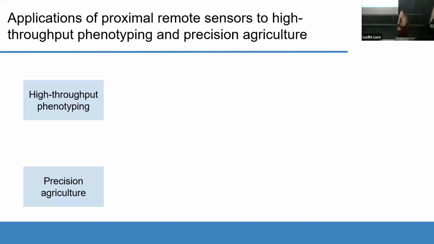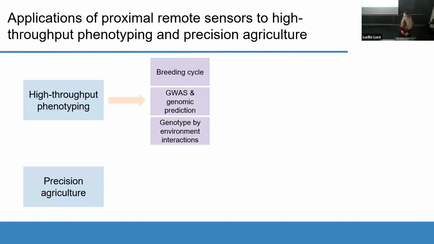Proximal remote sensors have applications to both high throughput phenotyping used in breeding programs and by researchers for other projects, as well as precision agriculture. Traditional phenotyping methods are typically time and labor intensive and can be temporally constrained. High throughput phenotyping, on the other hand, may allow things like early season prediction of end of season traits, thereby decreasing the time of the breeding cycle.